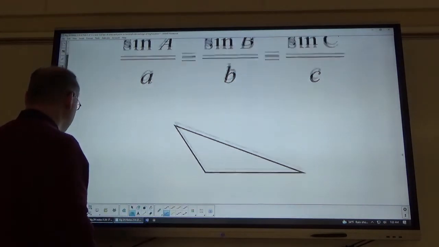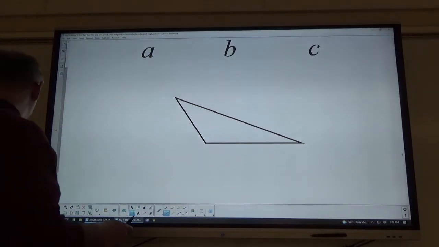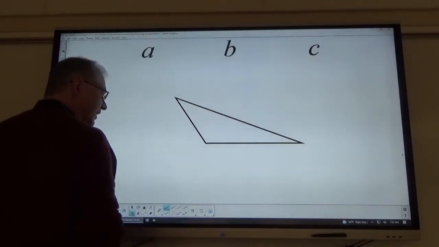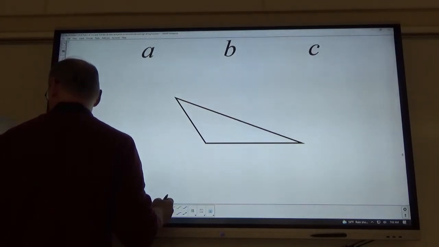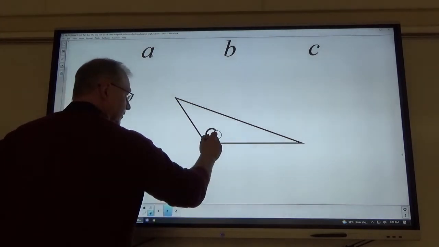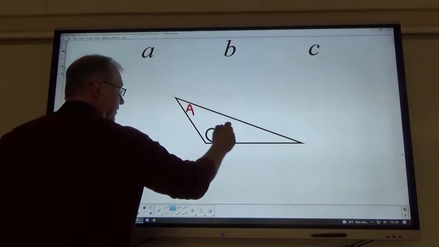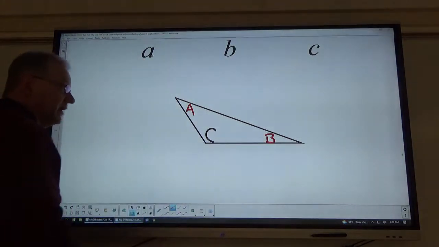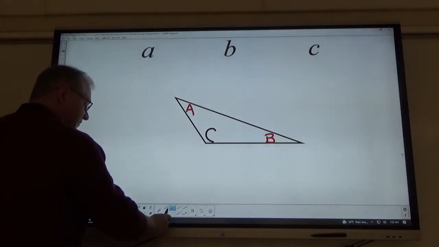So if we were to use this triangle and we were to set up some information here, remember, angles are capital letters, so capital C, that's supposed to be a capital C. Capital C, capital A, and capital B. Those are our 3 angles, A, B, and C. And lowercase letters for the sides.